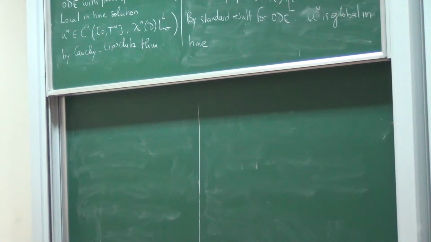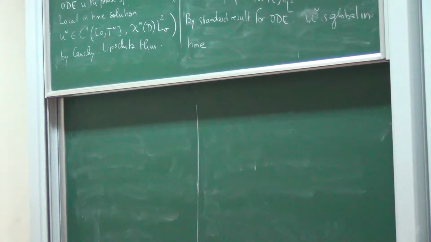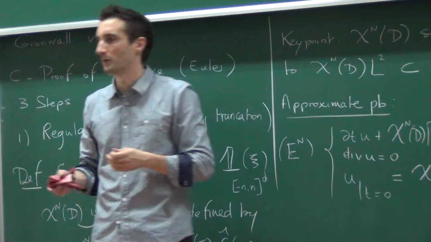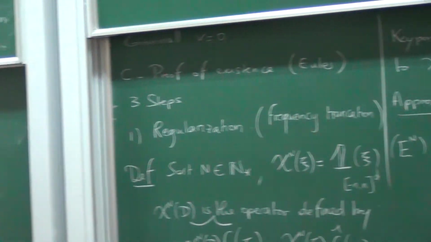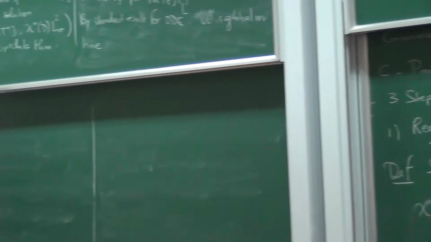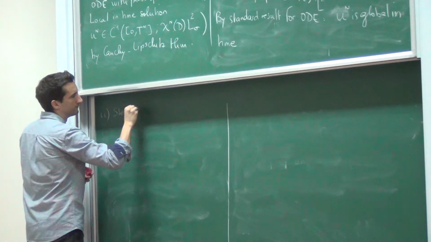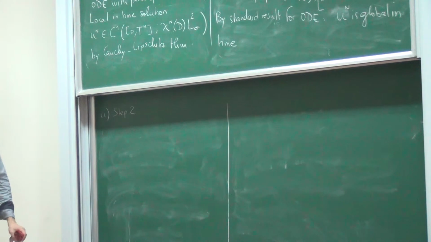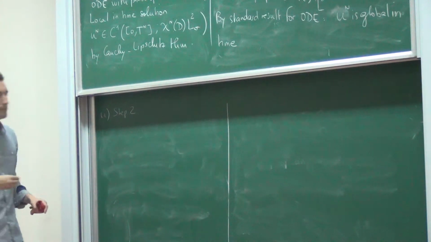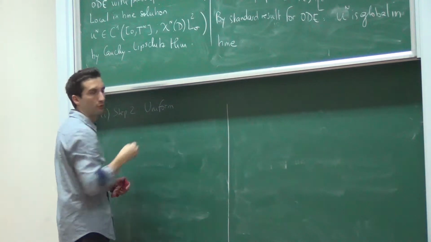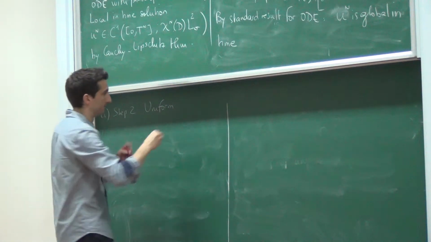I will take higher and higher frequencies, I will let n go to infinity, and I will see what happens. And so the key step will be to get uniform bounds on my sequence of approximations UN.